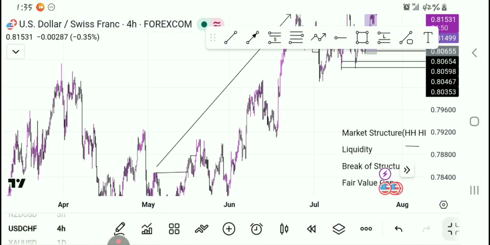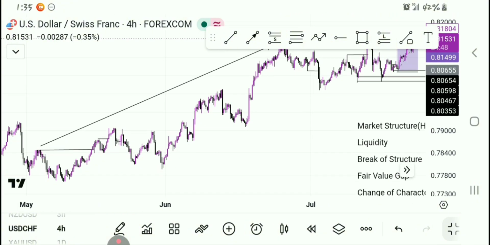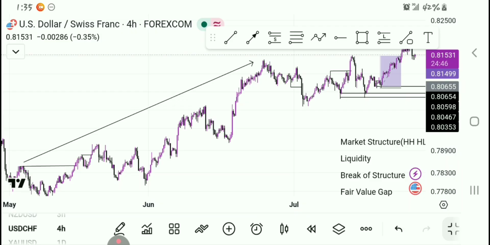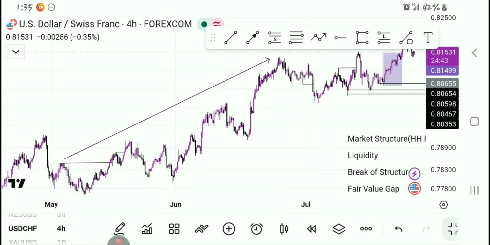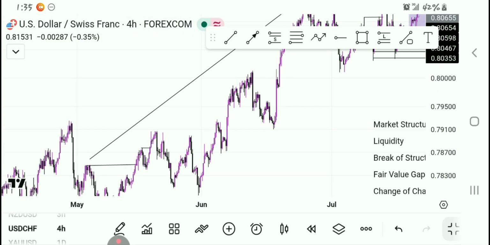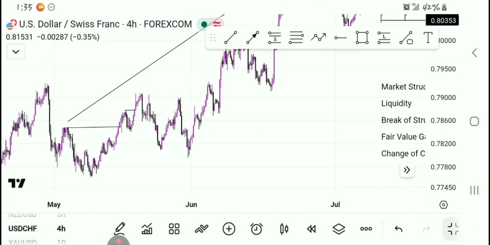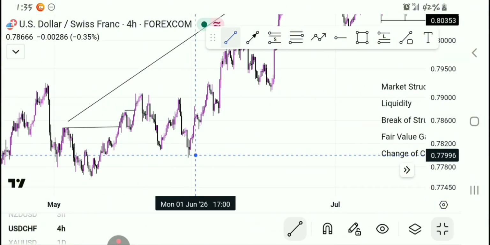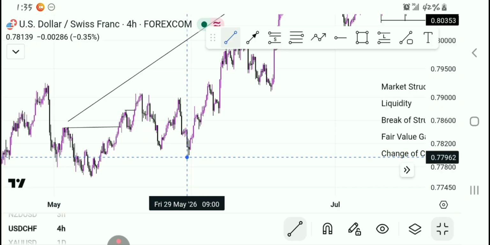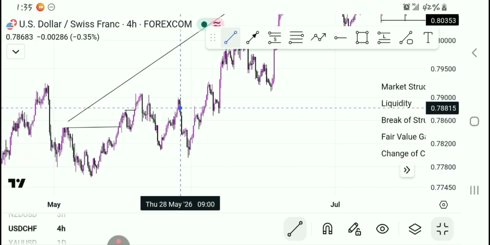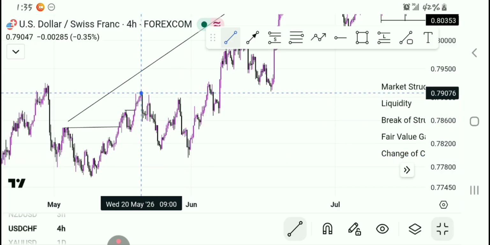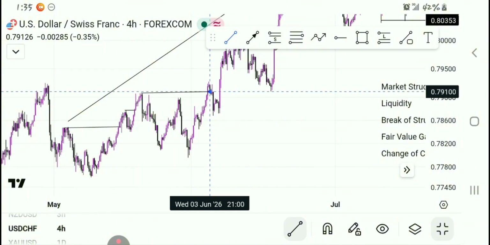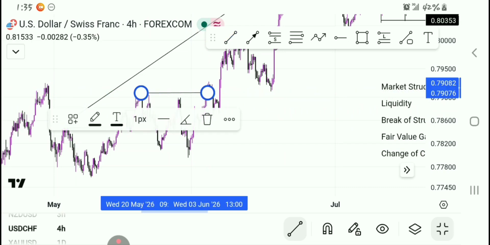This is the arrow that I used to identify my market structure. Then we'll mark out the BOS. This high was created and was broken by this low, which is our higher low. Then this got broken by this low here. Then this is our BOS here.